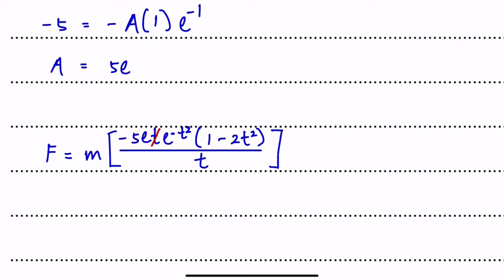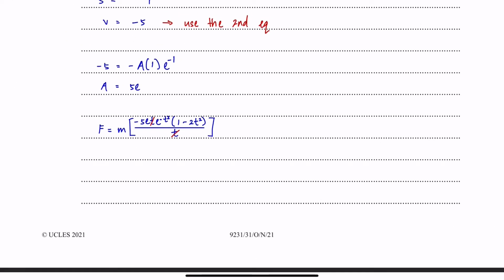So we can cancel off the t, and we have F equals negative 5m times e to the power of 1 minus t squared times 1 minus 2t squared.